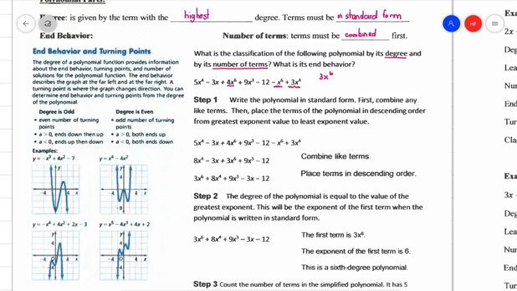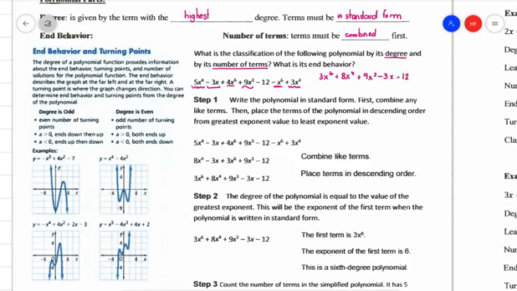I have this one and this one. So 5 plus 3 gives me 8x to the fourth. Then we're looking for a third power. That is the only one, so plus 9x to the third. Then we're looking for a square. We don't have one. Go to x's. There's only one. And then the constant minus 12.